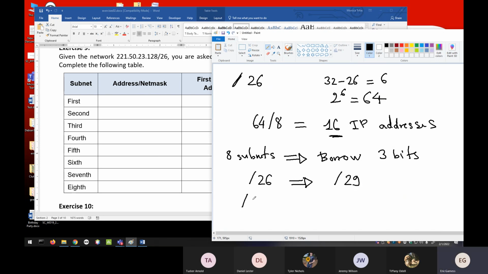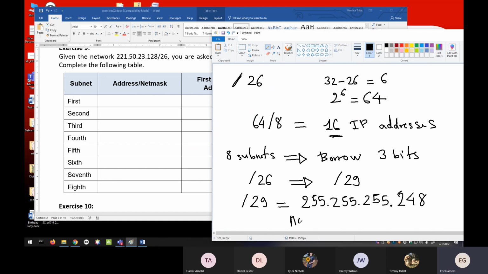A /29 in dotted decimal notation will be what? 255.255.255, up to here. How many ones do I have? 24. How many are missing? 5. So if 5 are missing, the last byte must be 248.